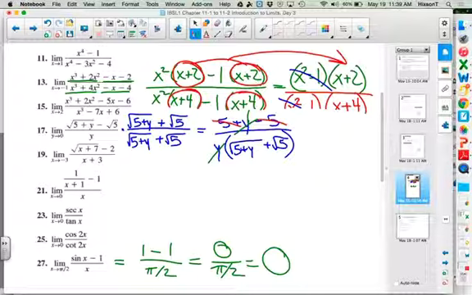So the answer is 1 over 2 root 5, or root 5 over 10 if you rationalize it.